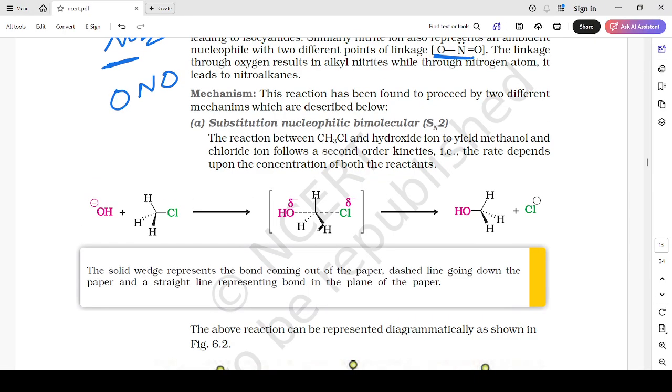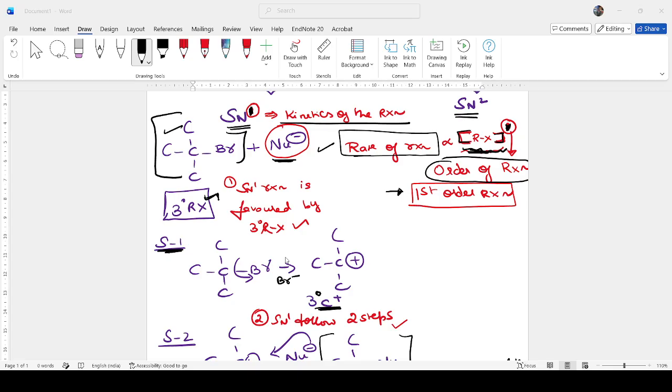Just reverse everything. What are the things that we learnt about SN1 at first? Let's put down all the points. When I said SN1, the first point was that you need a polar protic solvent. You required a tertiary alkyl halide.